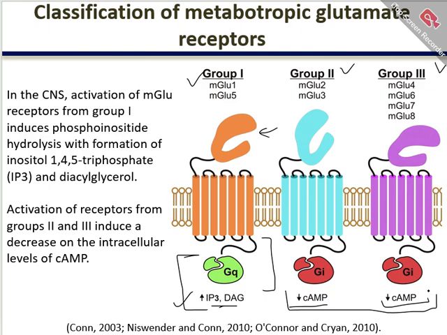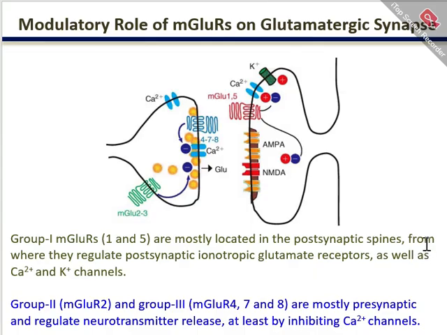Now, further, if we talk about the location of metabotropic glutamate receptors, we will understand how their second messengers can make them excitatory or inhibitory. For example, a glutamatergic synapse is shown here. This is the presynaptic component, and this is the postsynaptic component.